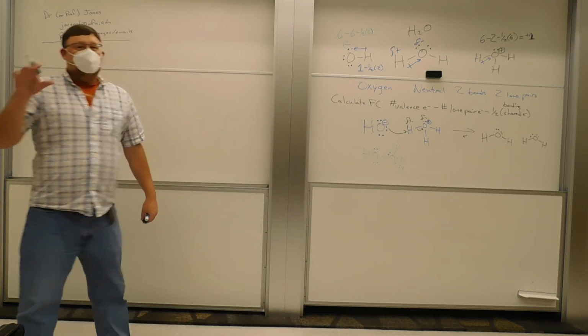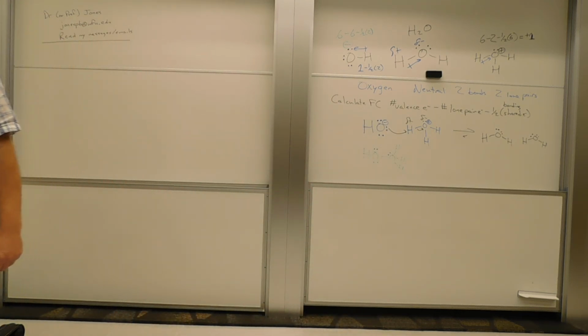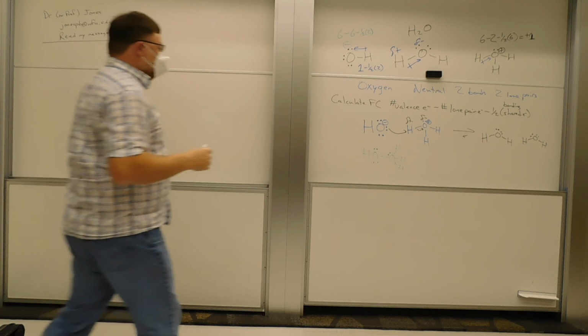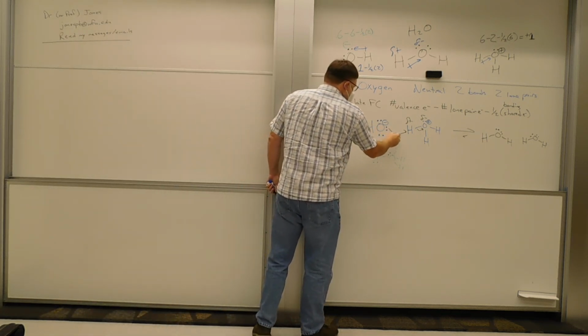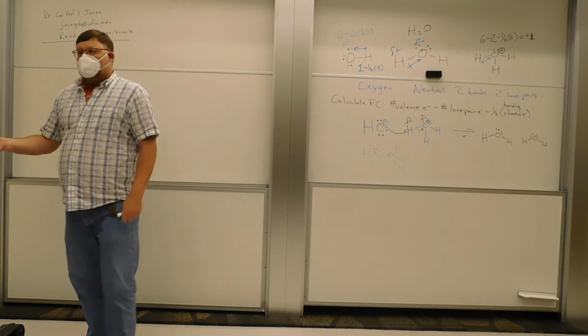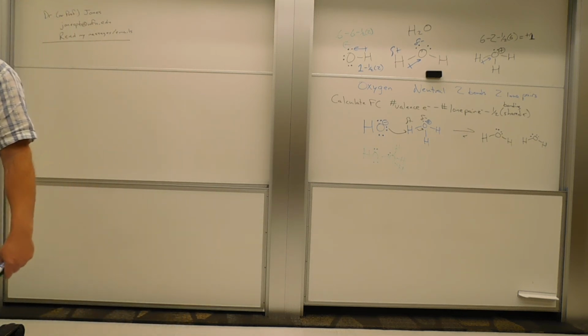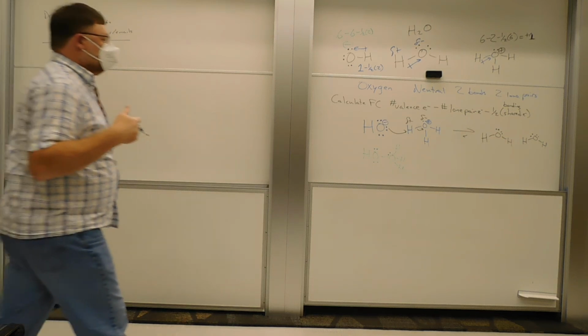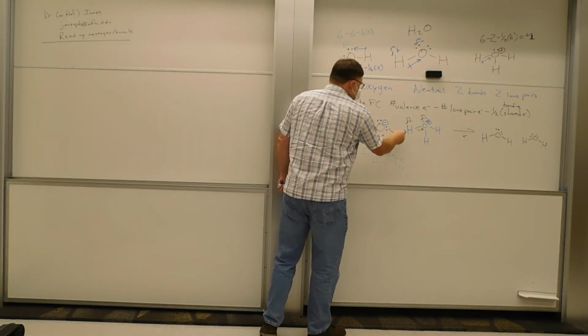So one of the lone pairs on the hydroxide, that oxygen makes a bond to a hydrogen. These 2 electrons on the oxygen are making a bond to the hydrogen. Remember, a bond is 2 electrons. So a lone pair can turn into a bond. A bond can turn into a lone pair. Okay, so O makes a bond to H.